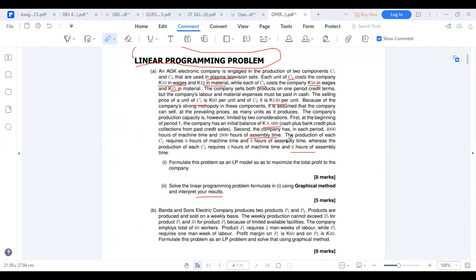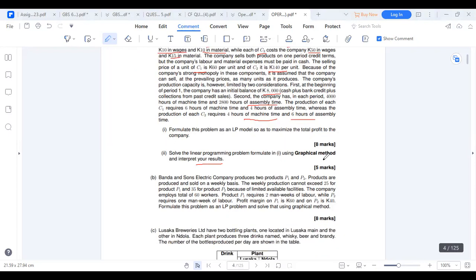And C2 has 4 hours of machine time and 6 hours of assembly time. So this is what is going on here.